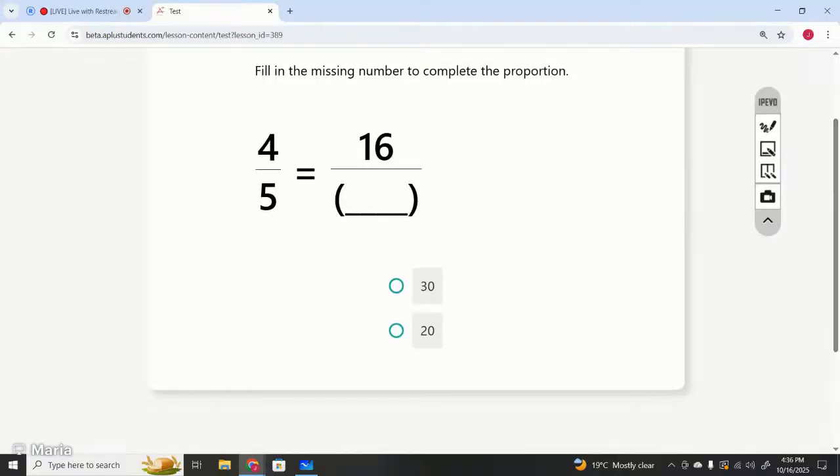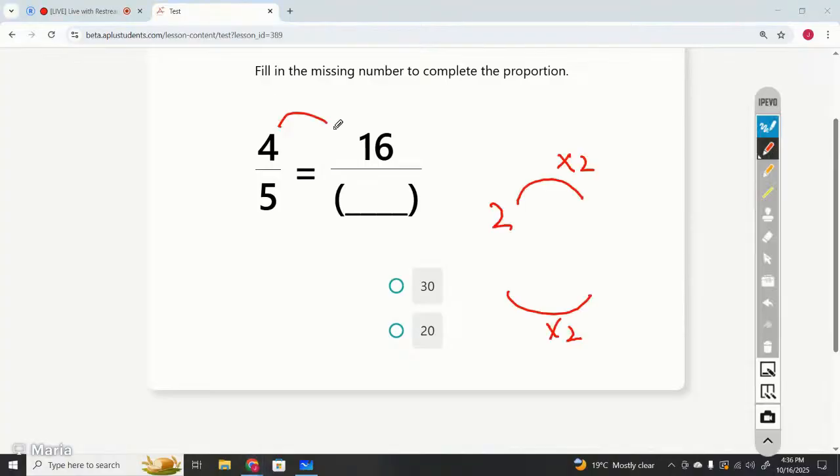Number to complete the proportion. So 4 times 4 is 16.